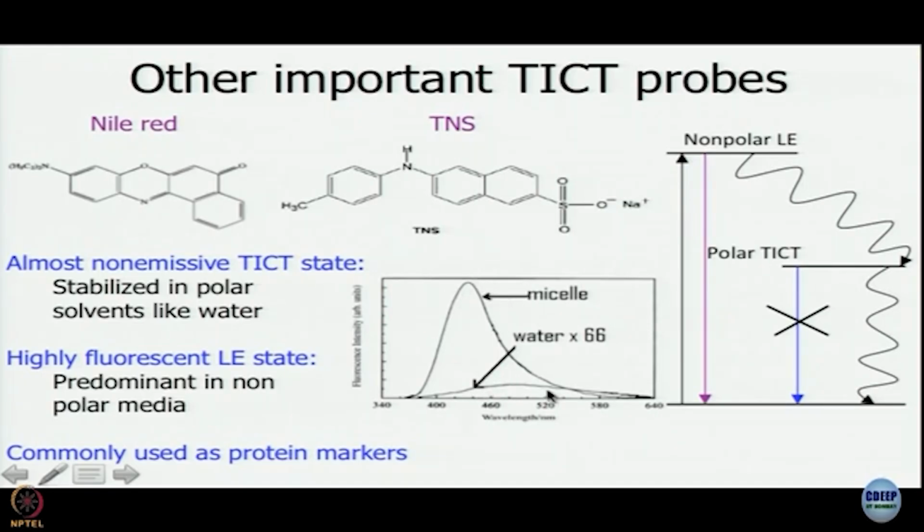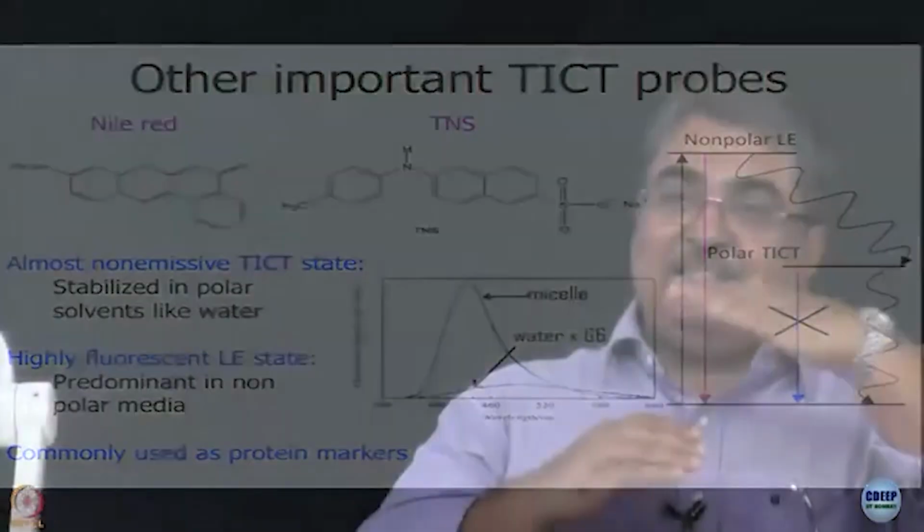Why? This is the TICT emission that you see in water, and since the TICT state is energetically closer to the ground state, non-radiative deactivation of that state is much more, that is called the energy gap law. If the energy gap between two states is small, then the rate constant of non-radiative deactivation between these two states is an exponential function of that energy gap, widely used in things like metal ion complexes.